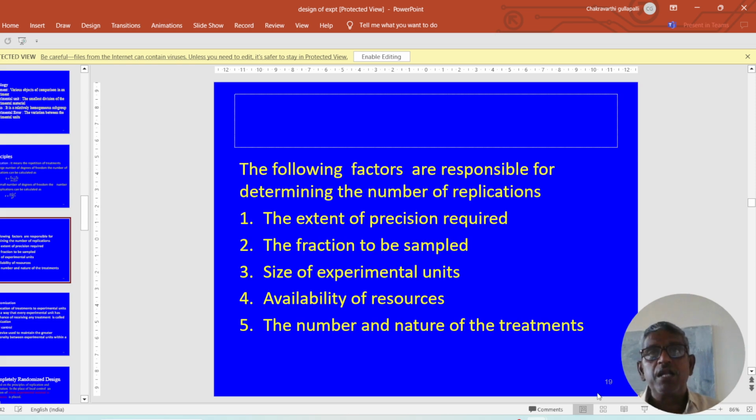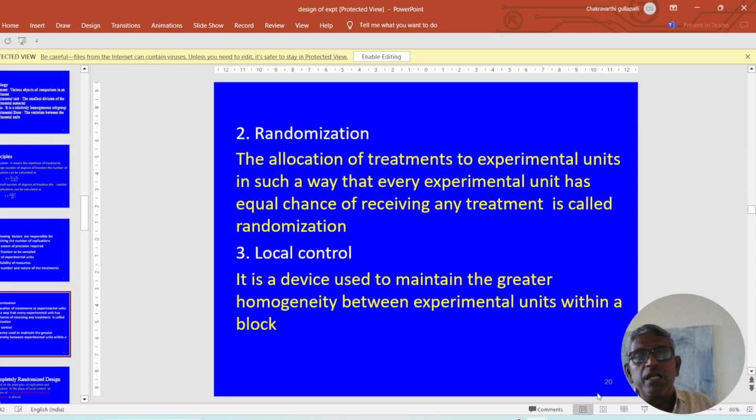Also the availability of resources, and the number and nature of the treatments. Suppose certain treatments are very perishable and costly, then we adopt a small number of replications. Randomization means the allocation of treatments to experimental units on a random basis.